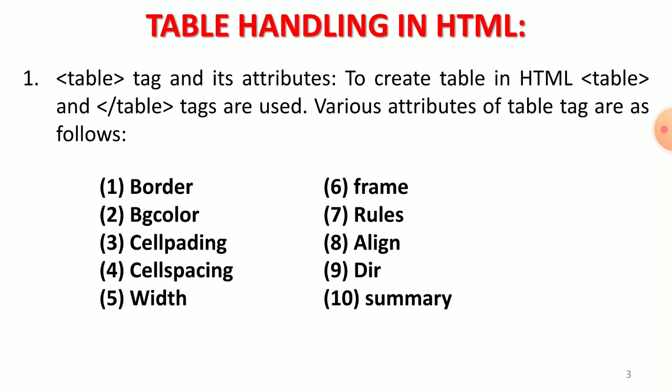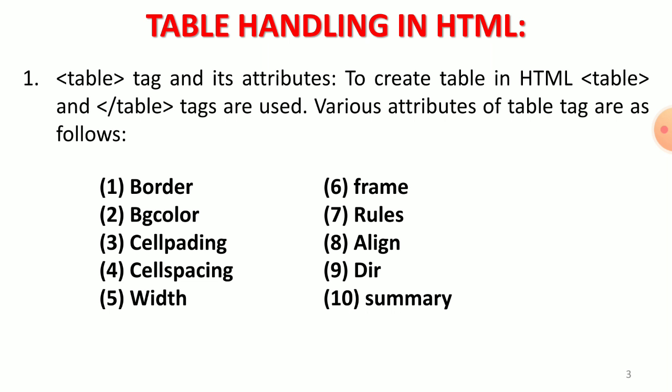The table is left aligned. The center value aligns the table in the center, whereas the right value aligns the table to the right side. Ninth, dir.